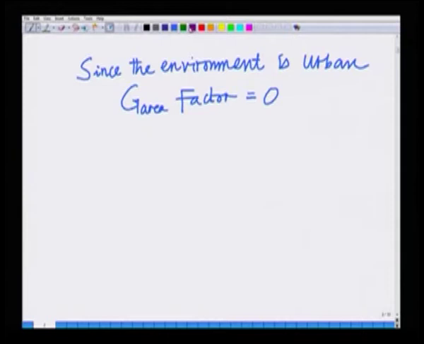Hence, we now have all the components we need to compute the 50th percentile path loss.